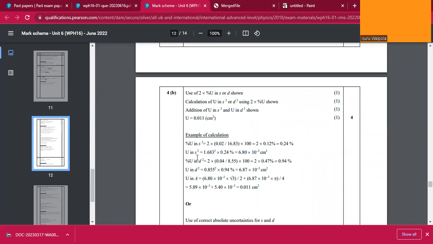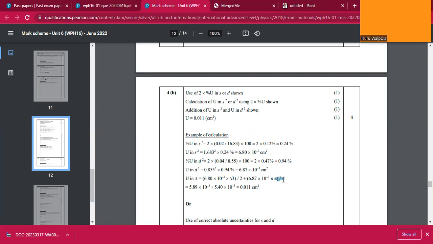And for d square, same procedure, double because this is d times d of the percentage uncertainty of d. Then apply that back into the value of d square to find the uncertainty. Now, while finding the total uncertainty, you use the factor that they have given also, just like in the previous question of January 2023.